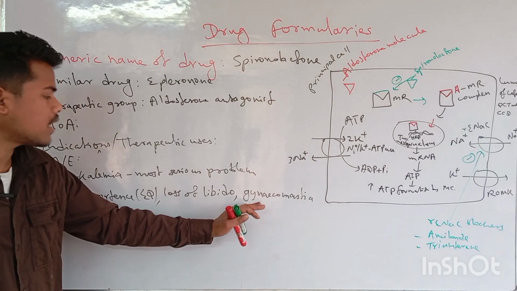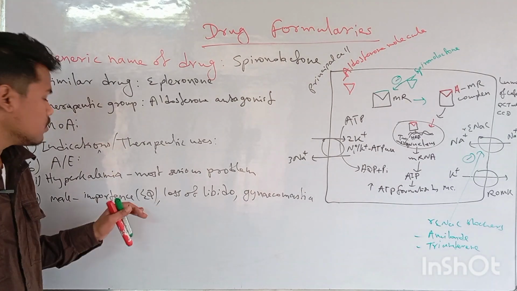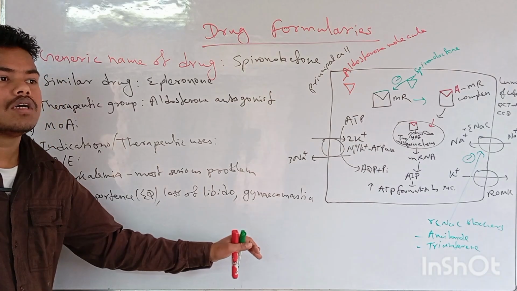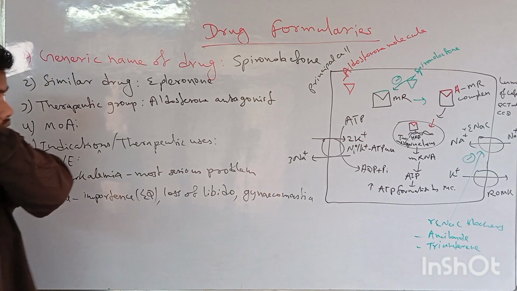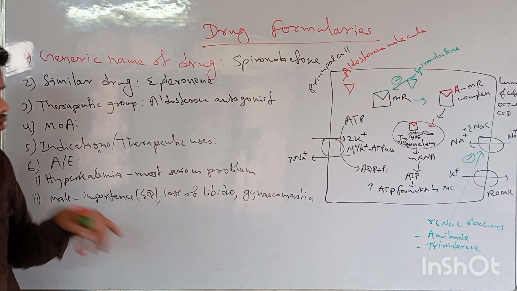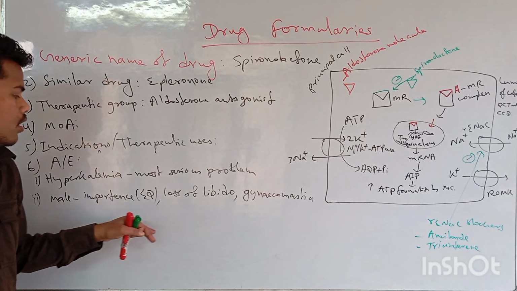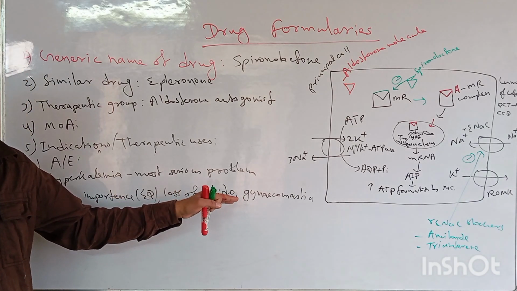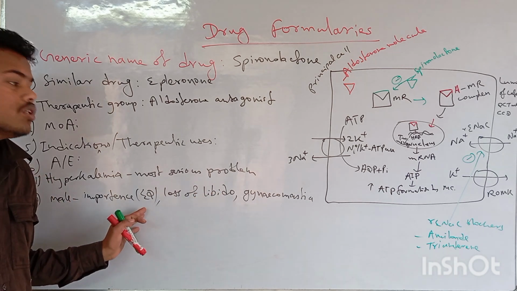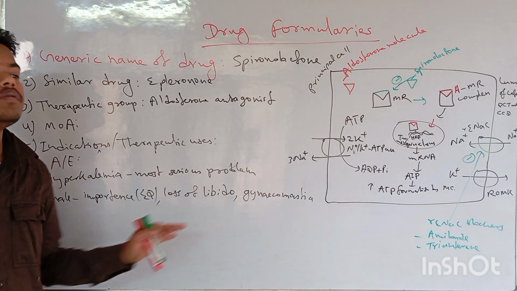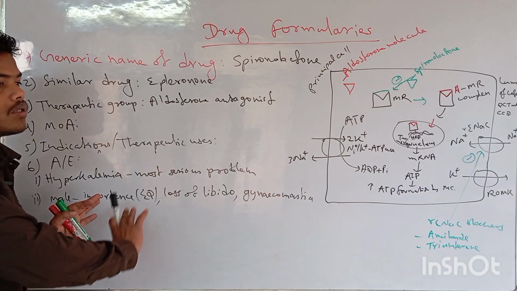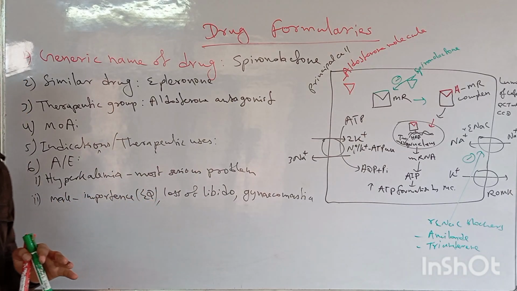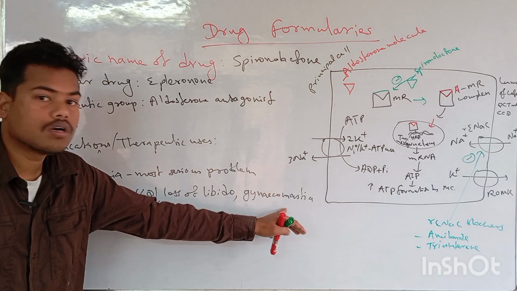And one other mechanism is that spironolactone will convert testosterone to estrogen. If you know the endocrinology, the end product of testosterone is also the estrogen.